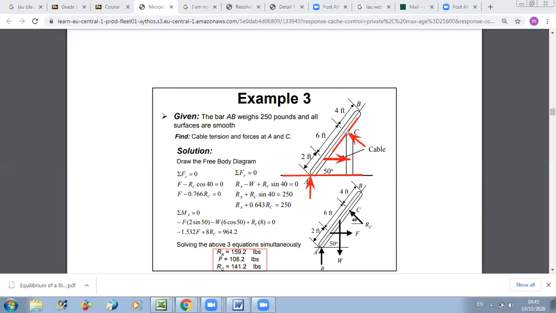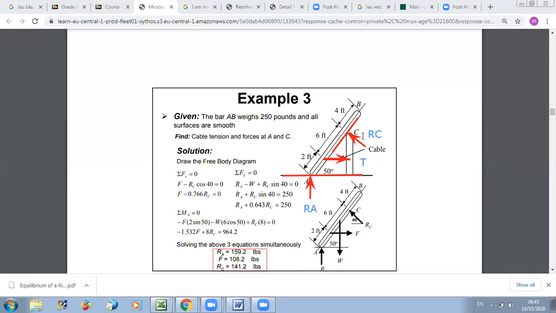Okay, so here I have three unknowns. The three unknowns are the reaction at A, this is my first unknown, the tension in the cable T, and the reaction at C, RC. These are my three unknowns. In order to find them, I need three equations.